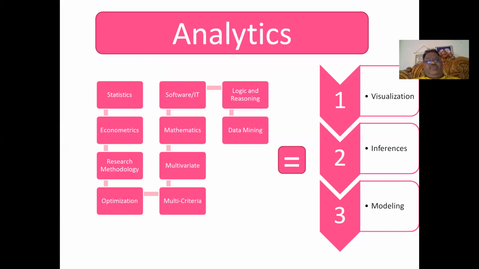Then you should know some minimum mathematics. Once you know the fundamentals of statistics, econometrics, methodology, optimization, and mathematical tools, then we try to find out whether you can go for multivariate analysis or multi-criteria analysis. Both tools are very important for marketing sectors, and for everything, logic and reasoning are required.